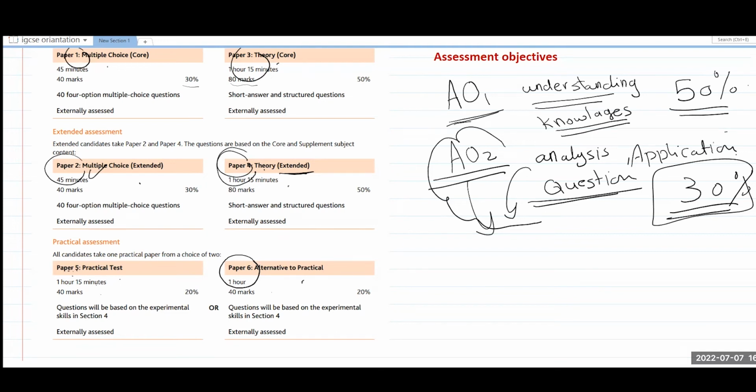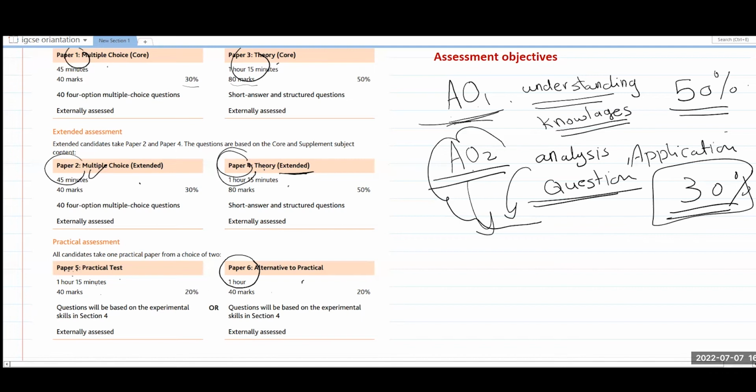If the question is of the AO1 type, it will ask you to explain how a nerve impulse is transmitted from the motor neuron to the sensory neuron, from the motor neuron to the effector, or from the relay neuron to the motor neuron. So simply, I will explain how the synapse works according to what I learned in the syllabus. This depends on your knowledge and understanding of the point.